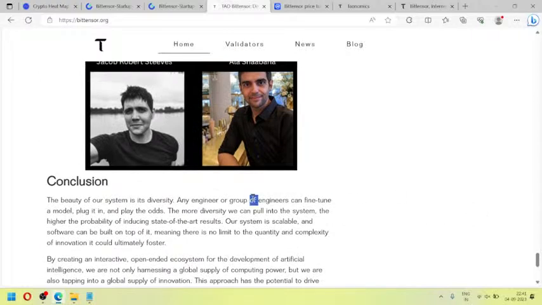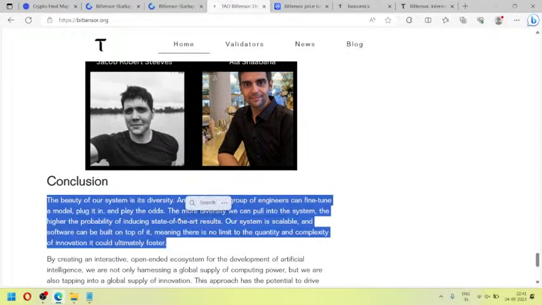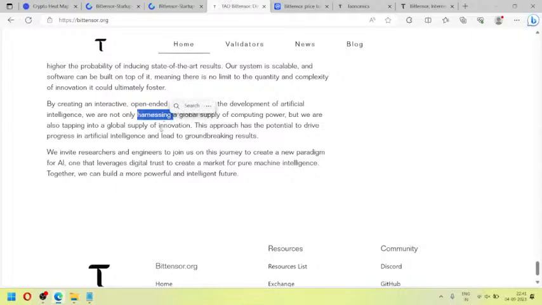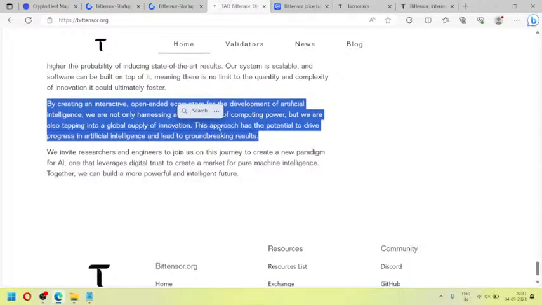The founders are inviting new users. If you have any experience as an engineer or AI technician, they are inviting you to join their community. If you have any idea to improve the company or this Bittensor token, you are welcome.